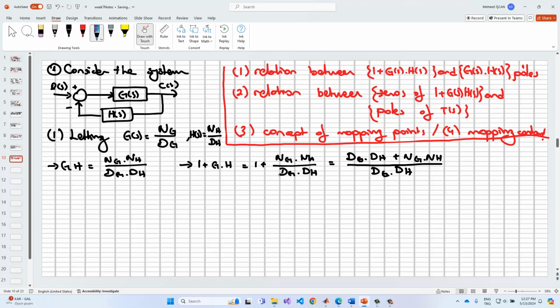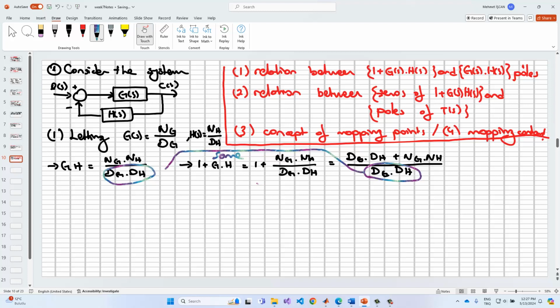In the first place, just look at this system: the poles of these terms are equal to the poles of GH, right? And so the poles of this characteristic equation and the poles of GH are the same.